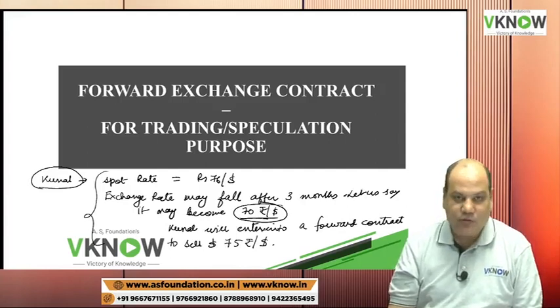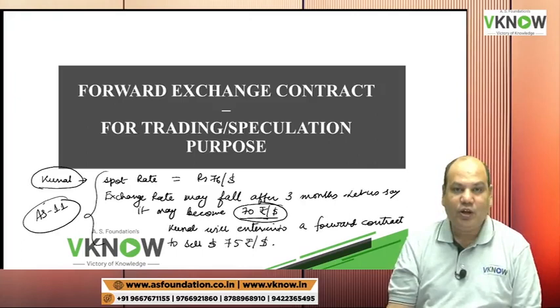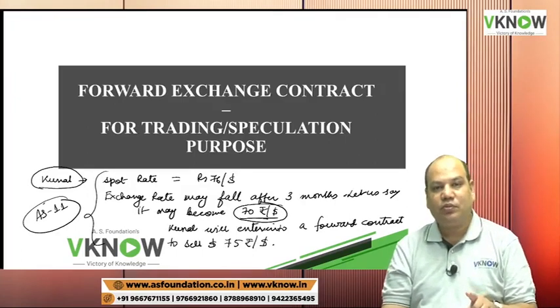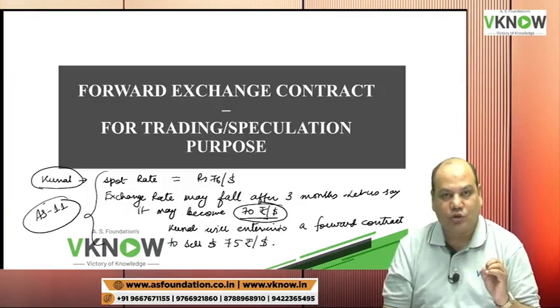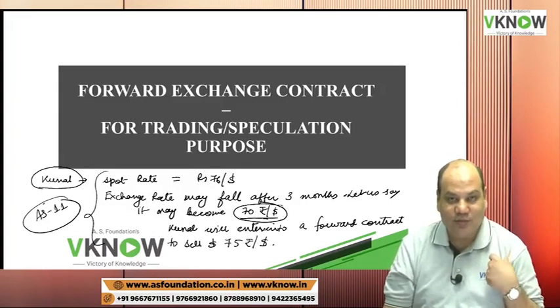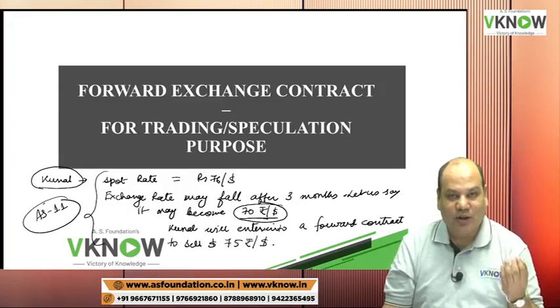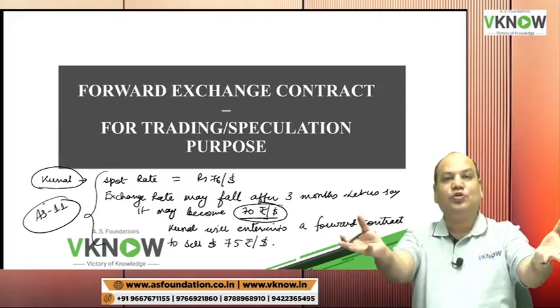But the question is, what is AS-11 saying on this? AS-11 says, what is your objective? To earn profit. Of course, you can incur loss also because you are speculating, you are betting, you are gambling. So in betting, gambling, speculation, there can be profit, but there can be loss also.